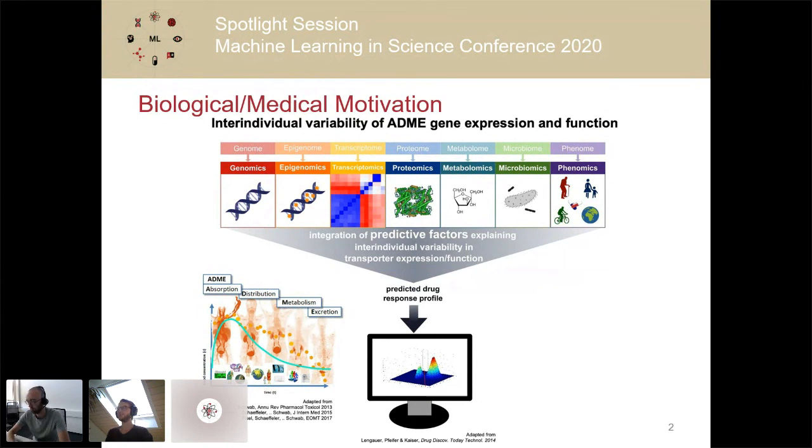So in order to be able to say something about the drug response, we need to predict this ADME phenotype of our patient. And the ADME phenotype is highly affected by the so-called ADME genes and the genetic variation of these genes. ADME genes are a group of about 300 genes that affect different processes in these 4 main stages.